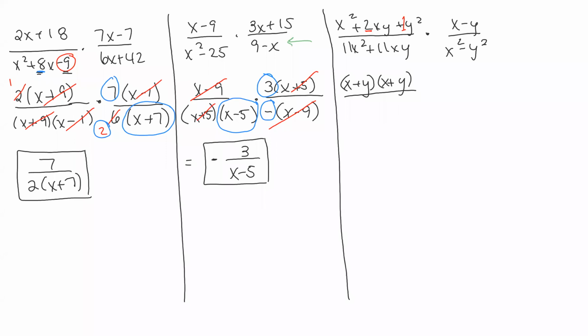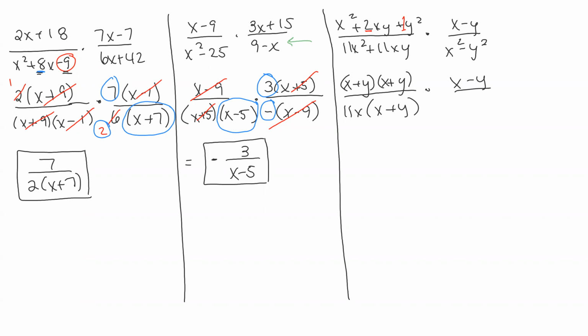Now the denominator here, 11x squared plus 11xy, we have a GCF of 11x. So when we factor out 11x, we're left with 1x plus 1y. Now the second numerator, x minus y, that's as good as it's going to get. And then you've got x squared minus y squared.